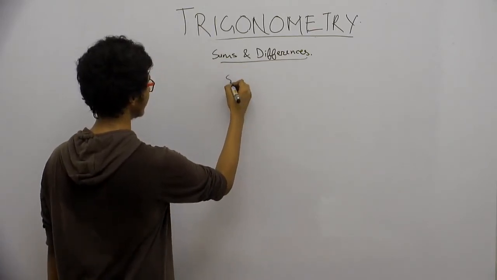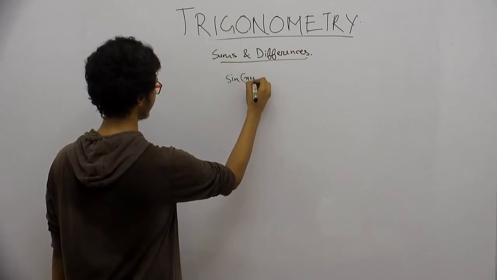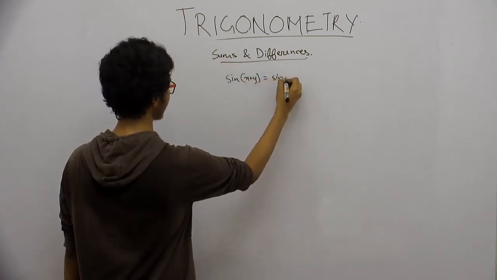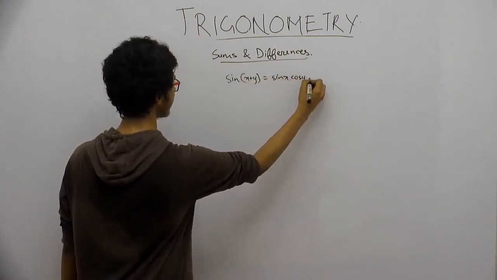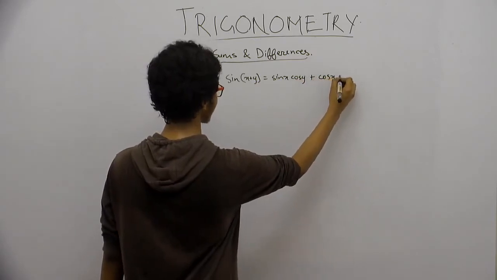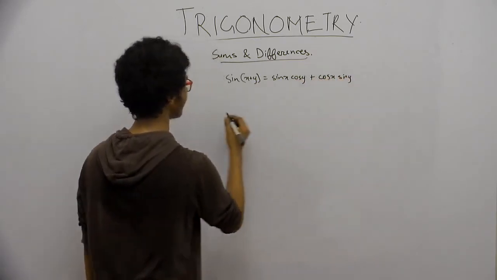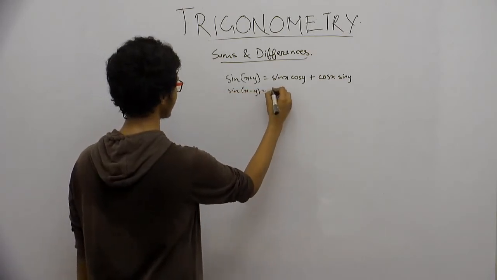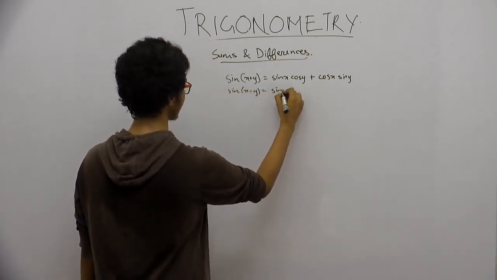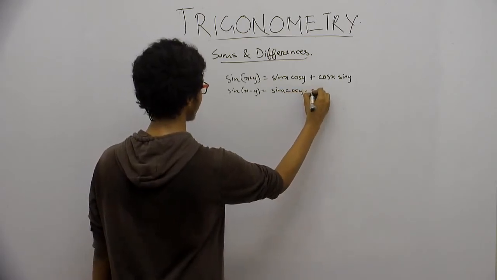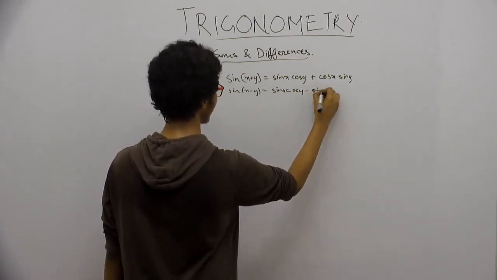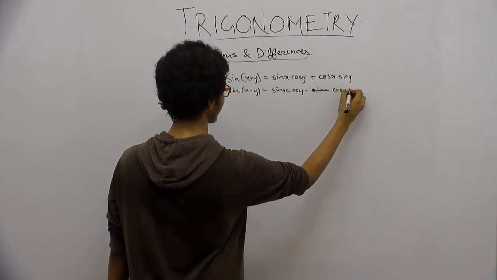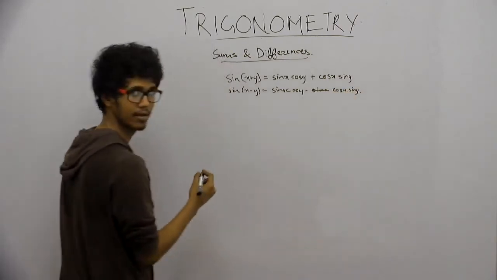Let's see. First we have sine of x plus y. This is sine x cos y plus cos x sine y. Then we have sine x minus y: sine x cos y minus cos x sine y.